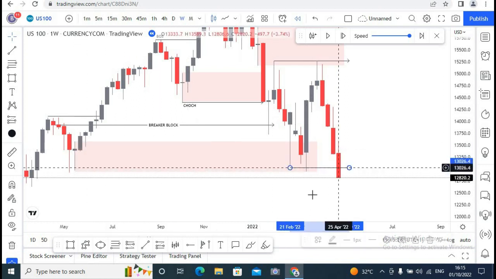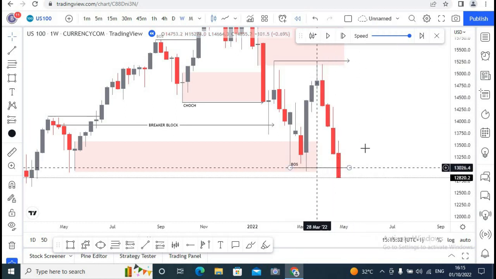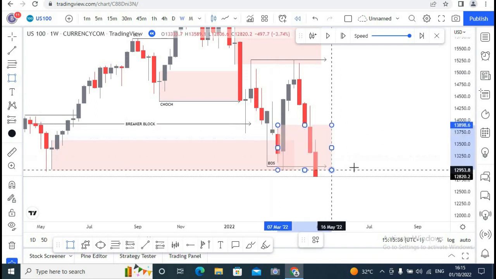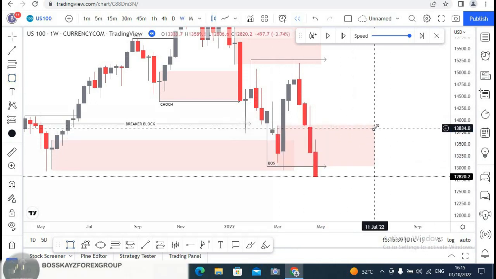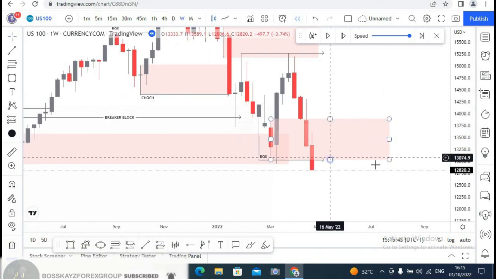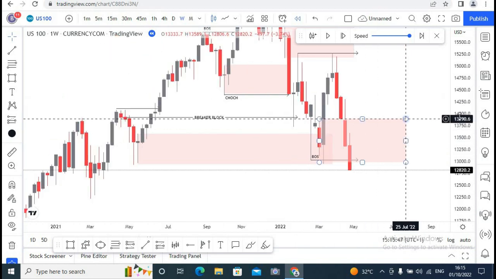But now we have a break of structure, meaning now we'll be focusing on this breaker block level right here, guys. As you can see, we have a breaker block level right here, which is our breaker level right here.